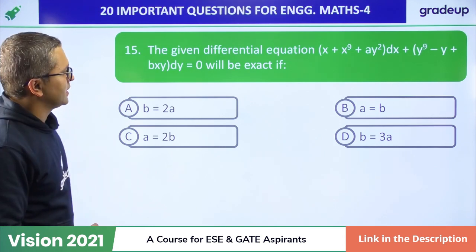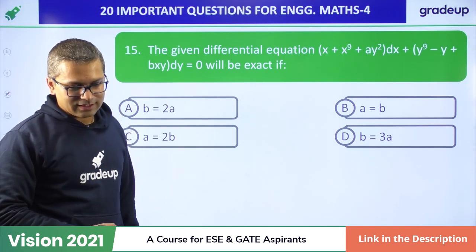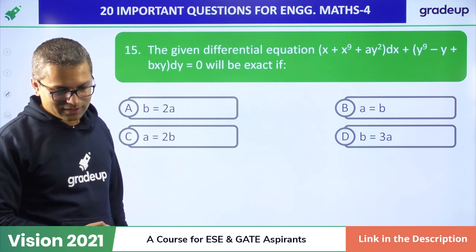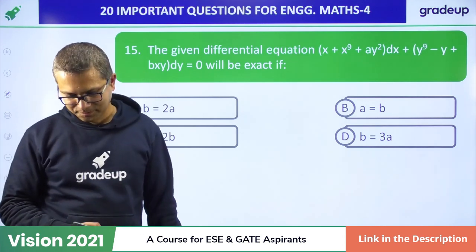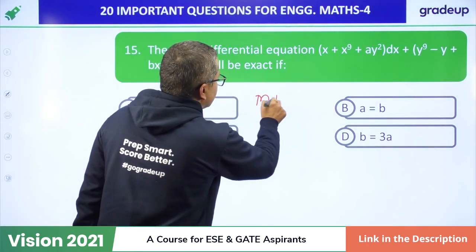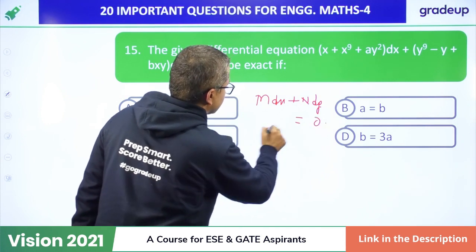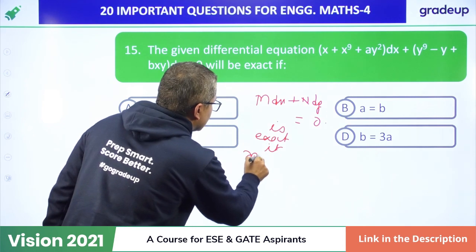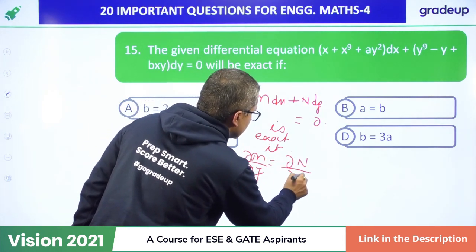Yeah, so Abhishek says A, all right, fine. Shiva says A, Diksha says A, Janam Shah says A, okay, Prithviraj V says A, okay. Yeah, so M dx plus N dy equals 0 is exact if del M upon del y equals del N upon del x, right?